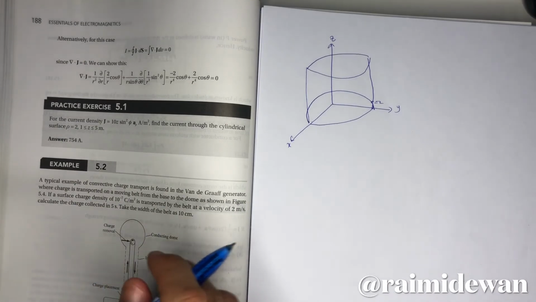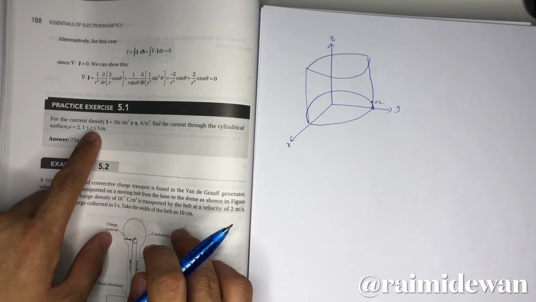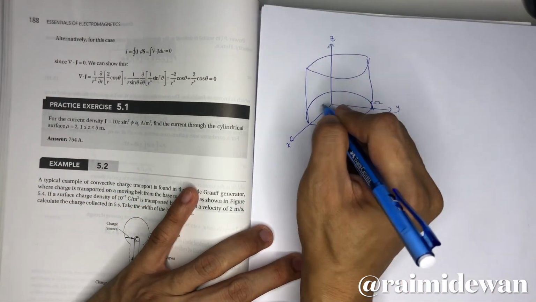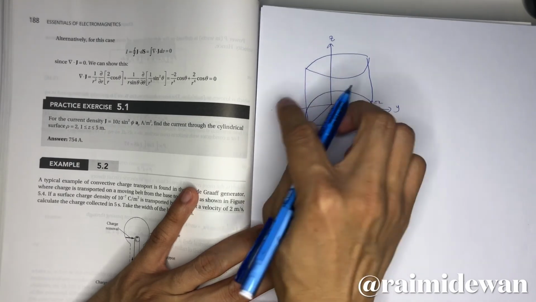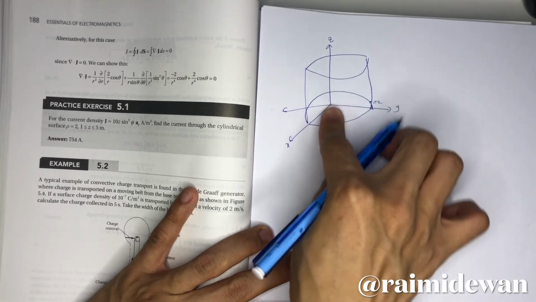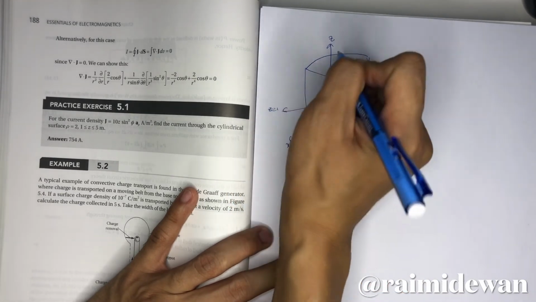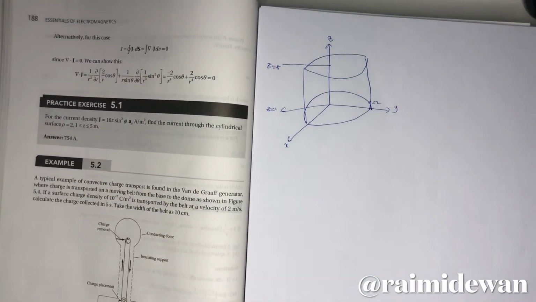Then it is measured at Z, and it says Z equals 1 to 5. So here we can take Z equals 1. You can take Z equals 1 here because it doesn't necessarily start with Z0. So this can be your Z equals 1, then this can be your Z equals 5.